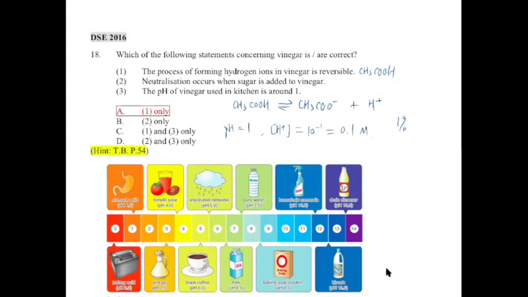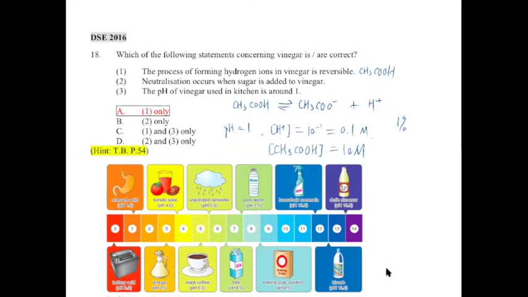Then, if it only 1% completes, we need 10 molar of this ethanoic acid just to make 0.1 molar of hydrogen ion. Remember when we learned acid and base, we said if it's larger than 5 molar, we consider it a concentrated acid.